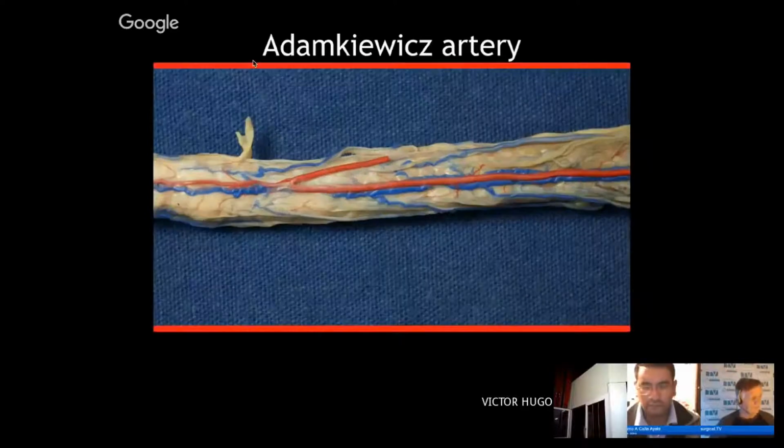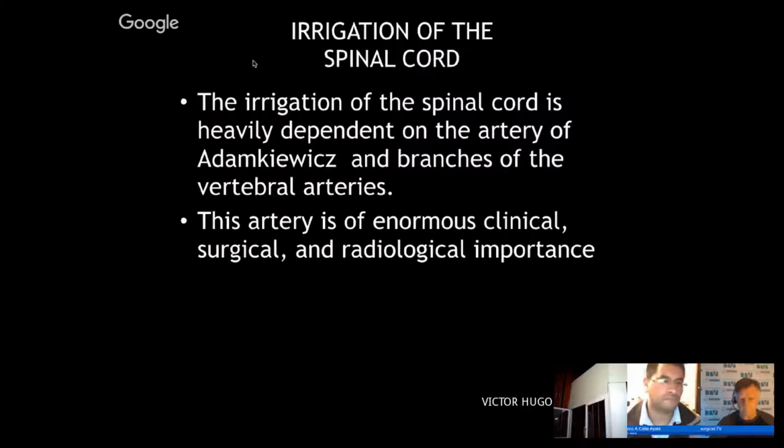This is the principal artery giving rise to the vascularization of the lumbosacral segment of the spinal cord. The irrigation of the spinal cord is heavily dependent on the artery of Adamkiewicz and branches of the vertebral arteries. This artery is of enormous clinical, surgical, and radiological importance.